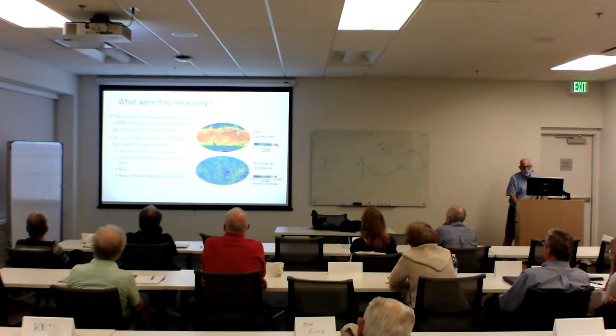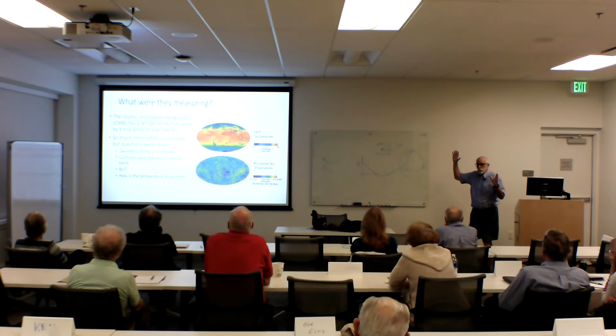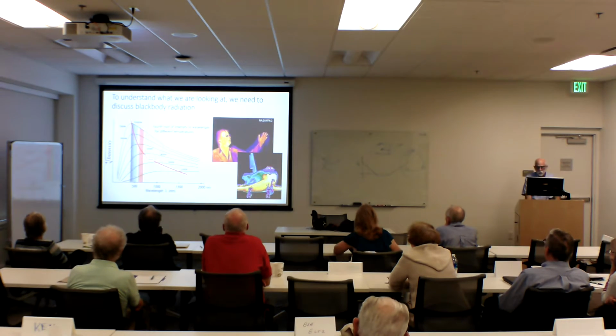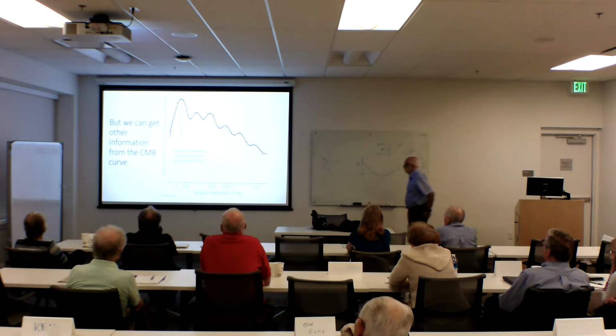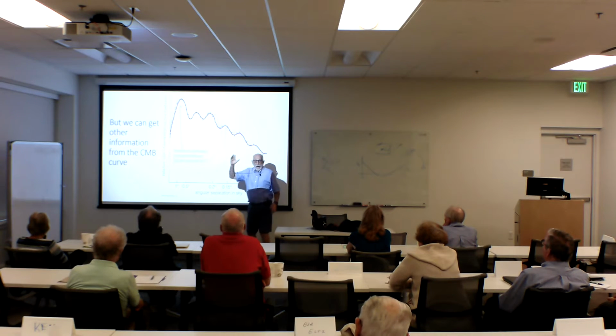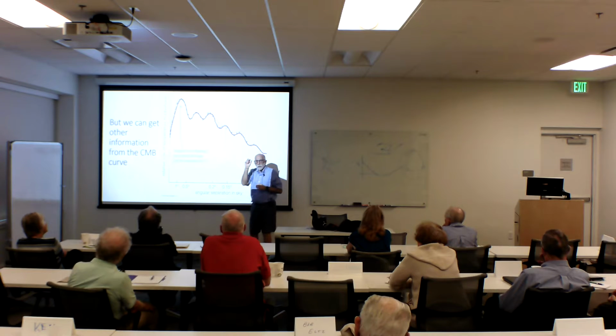We can analyze the distribution of warm and cold spots in the microwave background using mathematical techniques, and it ends up producing this. And this tells us where on the sky the frequency is highest of spaces between bright and dark.